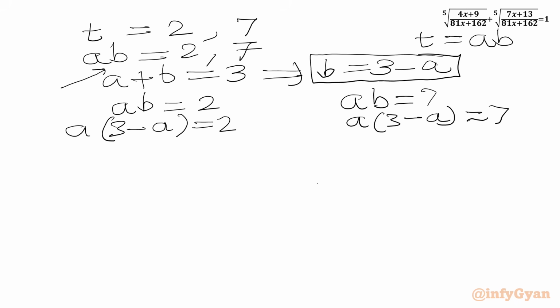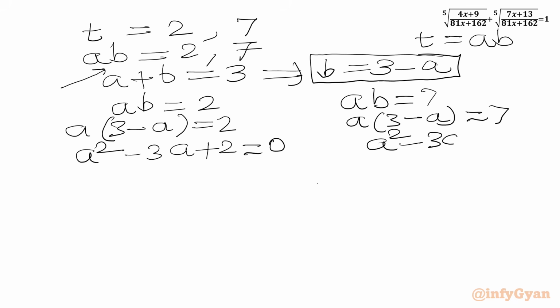Now we will take all the terms to the RHS and get quadratic equations: a² minus 3a plus 2 equal to 0, and here we will write a² minus 3a plus 7 equal to 0. Let's solve the second quadratic equation first. Here we will find the discriminant, delta.